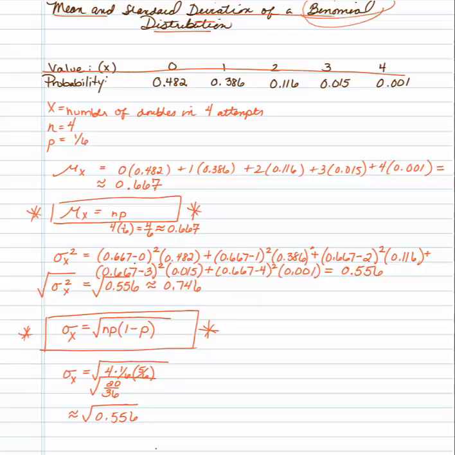And the square root of that is 0.745356, something like that, which rounds up to 0.746. So there are quicker ways to get the mean and the standard deviation, but you can always do them by hand.